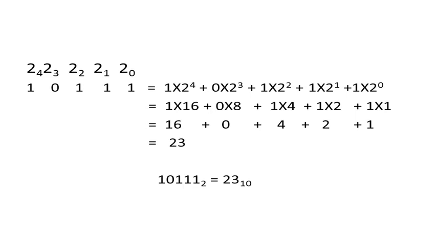Here there is another example. Under this example, we are converting 10111 from binary into decimal format. Here we have 1 multiplied by 2 to the power 4 plus 0 multiplied by 2 to the power 3, 1 multiplied by 2 to the power 2, 1 multiplied by 2 to the power 1, 1 multiplied by 2 to the power 0.